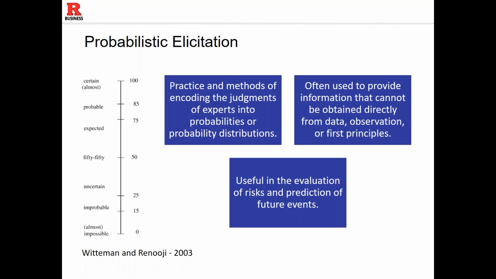This is a scale that's commonly used in academia and also in industry. If we have limited data and I want to rely on expert judgment, this allows us to take that information and convert it to a numerical range of values. So this is useful in quantitative exercises.